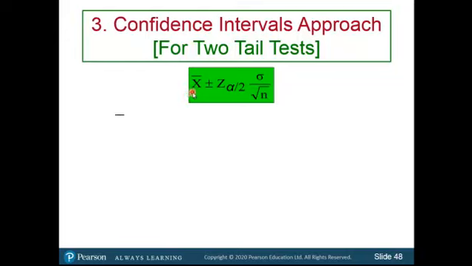This formula comes from chapter 8. X bar plus or minus z alpha divided by 2. Alpha divided by 2 indicates this is a two-tailed test. And times the standard error. Standard error is standard deviation divided by square root n.